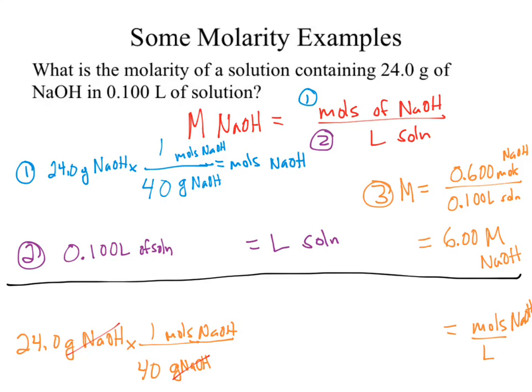Okay? So I now need to do yet another conversion, sort of. It's not really a conversion. Somehow or another, what needs to show up in the denominator? Liters. What needs to show up in the numerator above this liters?